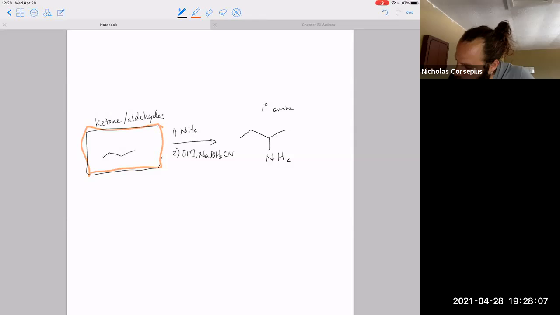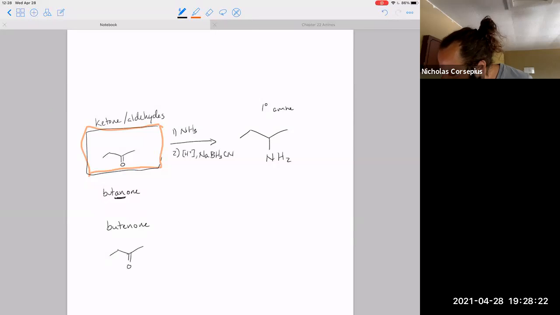Yep, butanone. But unknown. Remember, you've got to keep that AN in there to indicate that there are no double bonds, different from butanone, which would have a double bond in there somewhere.